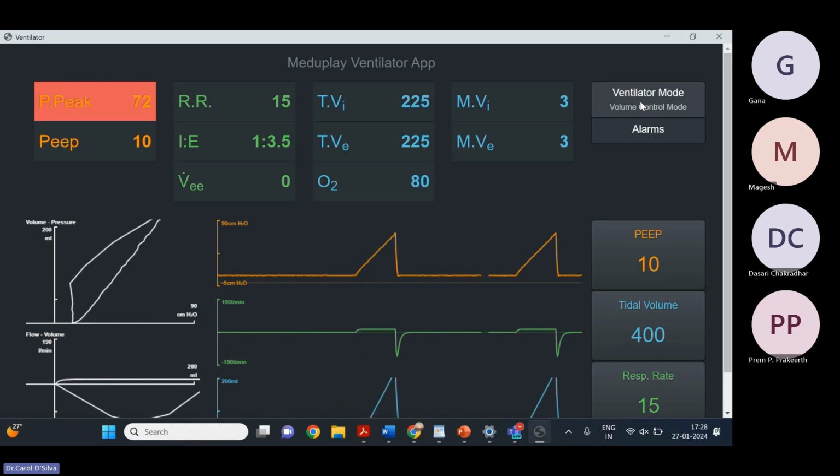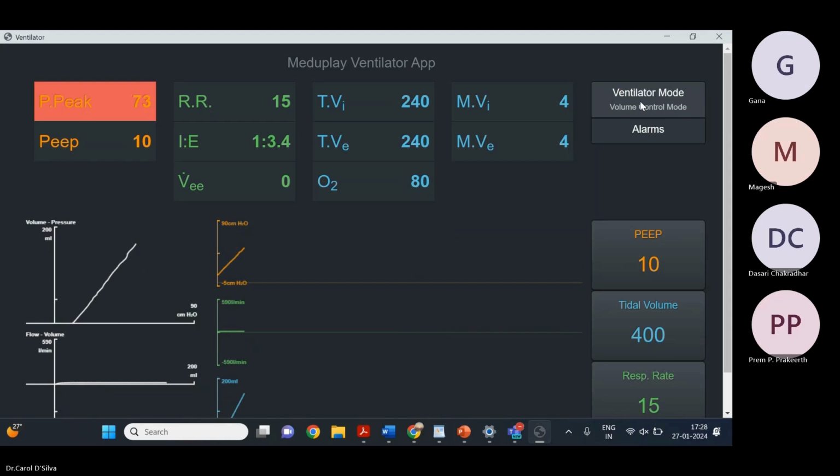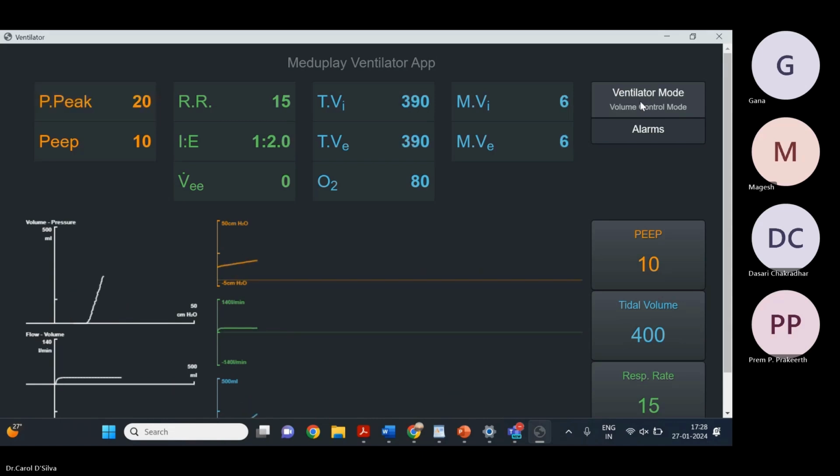Now, I'll make another change. First, I'll reduce the resistance so that you remove all the resistance component. Now, you concentrate only on the slope. Okay. So this is actually a normal compliance.